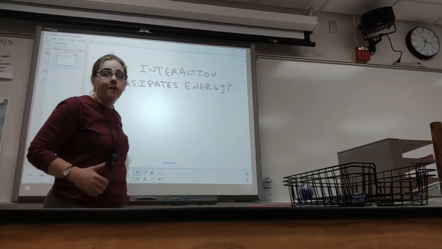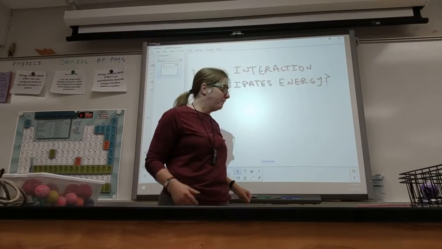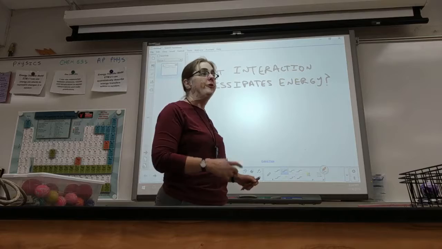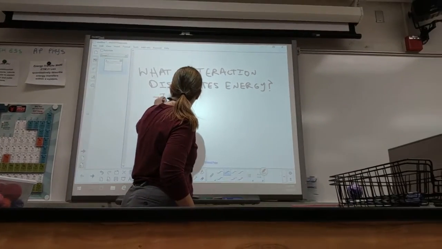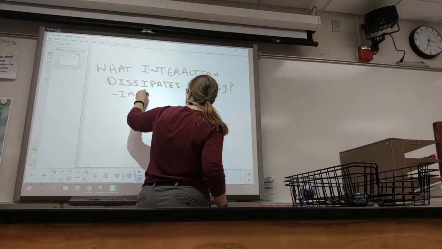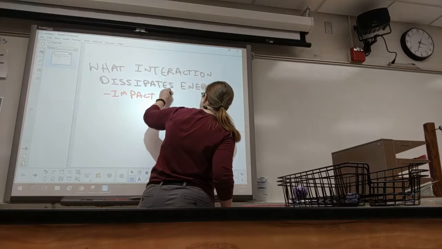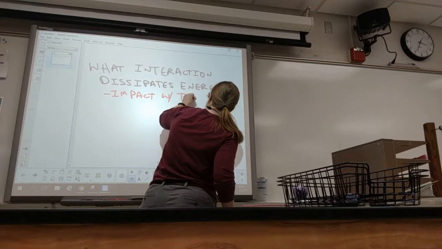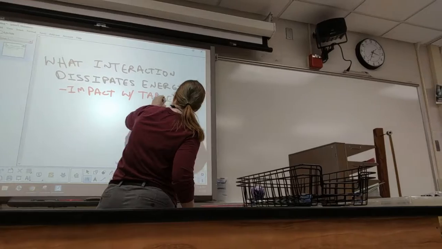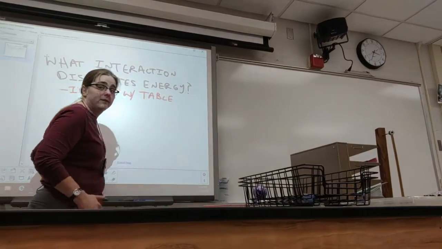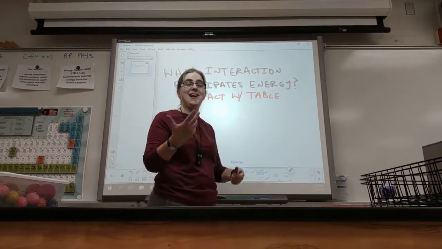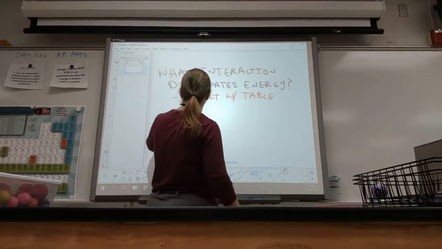So, there are two main possible culprits. The first one is the impact with the table. And the second is the air resistance, or the air friction, as the bouncy ball is moving through the air.